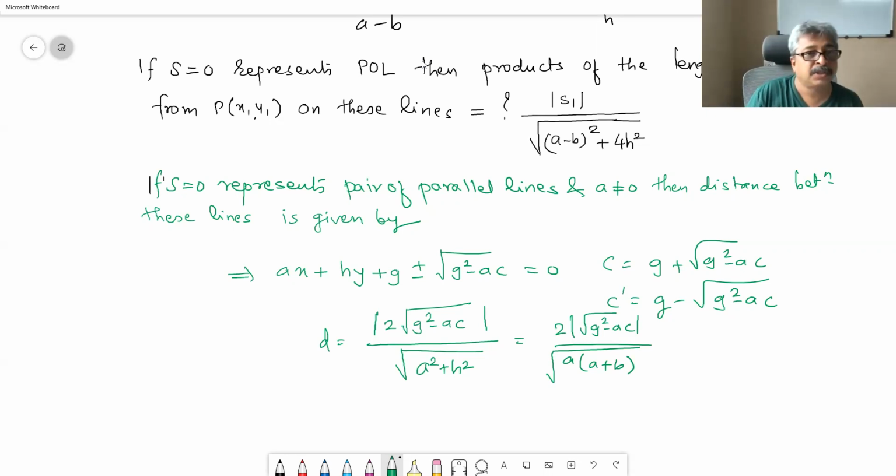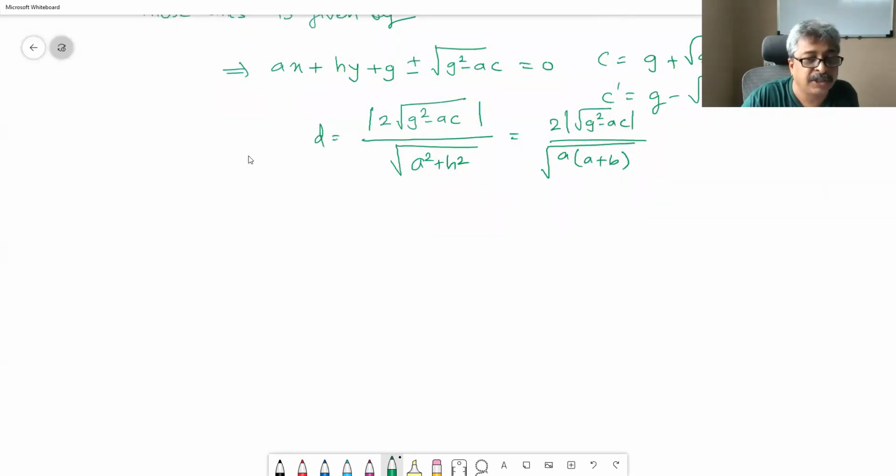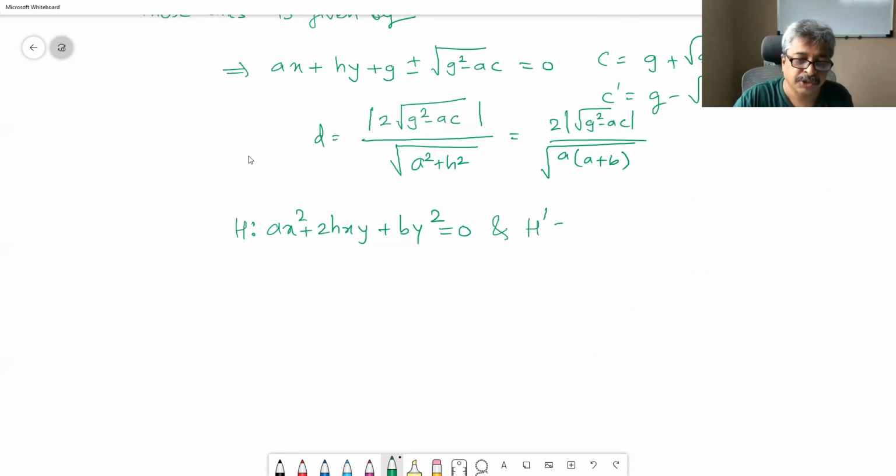We have 9 minutes, so see if you can do this. H is equal to ax square plus 2hxy plus by square is equal to 0, and H dash is equal to a dash x square plus 2h dash xy plus b dash y square is equal to 0. These are two homogeneous equations.